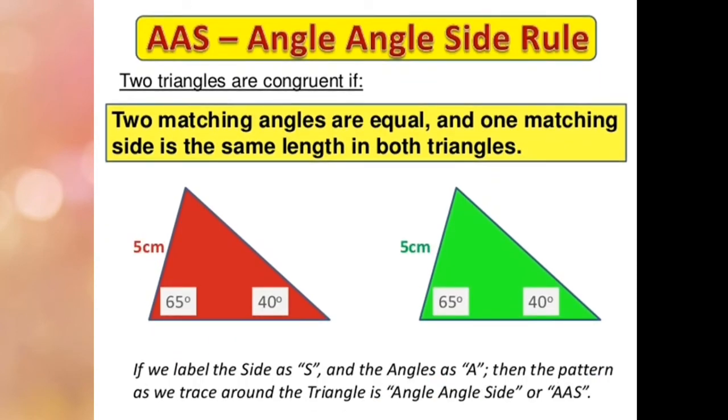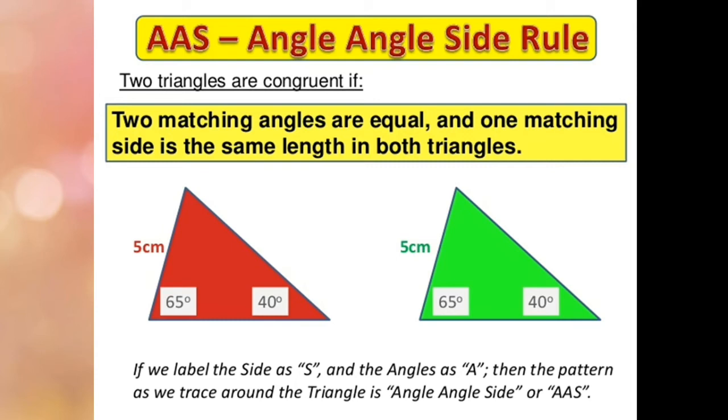We have another one, AAS, angle angle side rule. Two triangles are congruent if two matching angles are equal and one matching side is the same length in both triangles. So, meron siyang dalawang angles na parehas and side na both are the same length.